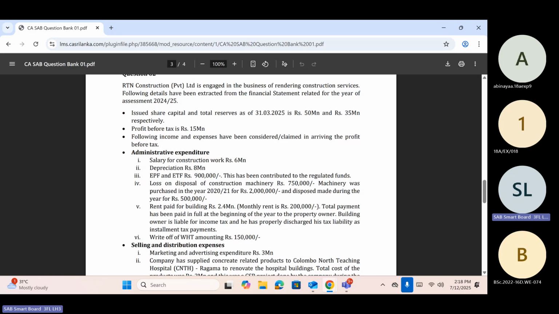Machinery was purchased in the year 2021 for rupees 2 million and disposal made during the year for rupees 500,000. That means disposal proceed is 500,000. From there we have the tax written down value.